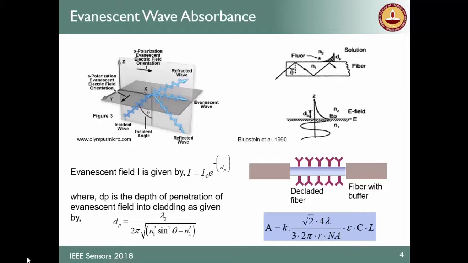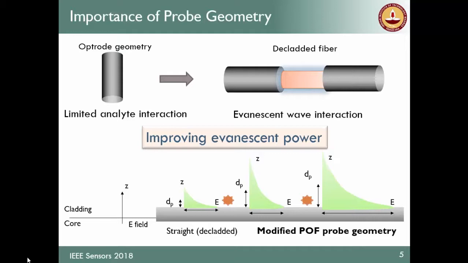The fiber parameters come into the picture; they influence how well the molecule can be detected, and in addition, the extinction coefficient and the concentration of the molecules also matter a lot. However, the evanescent field on a straight fiber is not so great. That's the reason many people have adopted a modified geometry to increase the evanescent field so that the light-matter interactions can be improved.